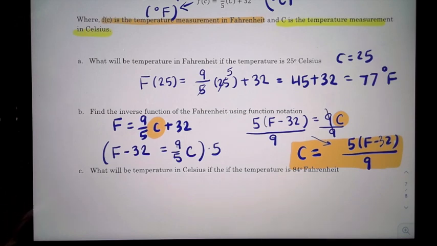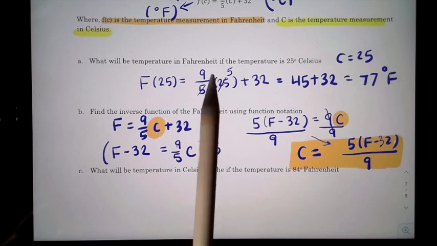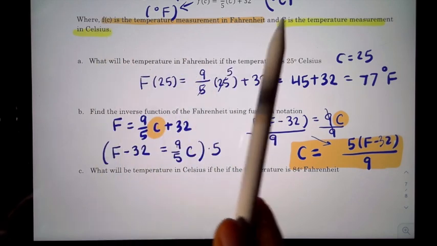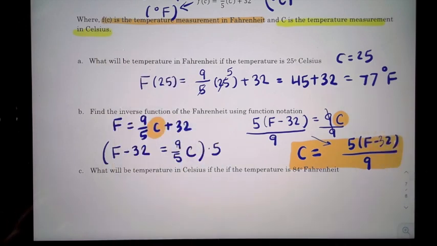So that's kind of nonsense. So for a word problem, if the variable represents something, C is something, F is something, then when you get the inverse, I want you to keep the variable.